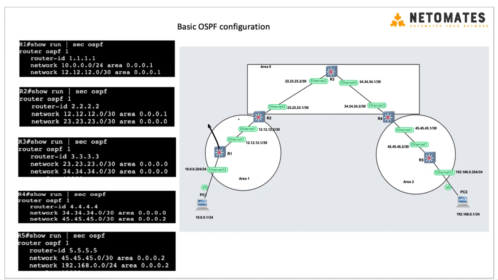Then the router ID, which is easy to identify; I am just giving 1.1.1.1. Then the network statements: we have two because we want to advertise, or enable OSPF on, these two networks. One is 10.0.0.0/24 and another is 12.12.12.0/30.